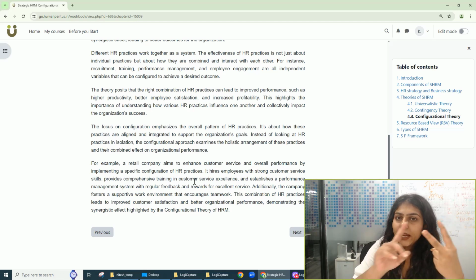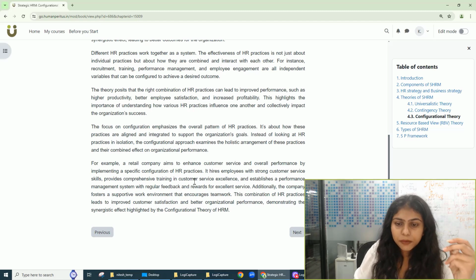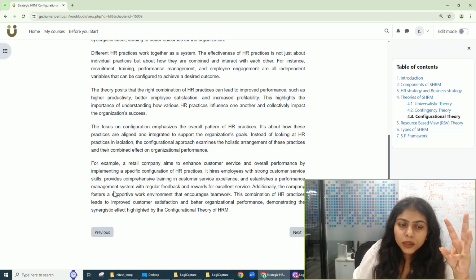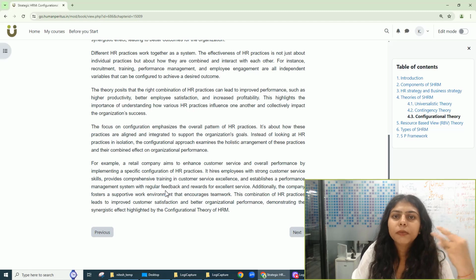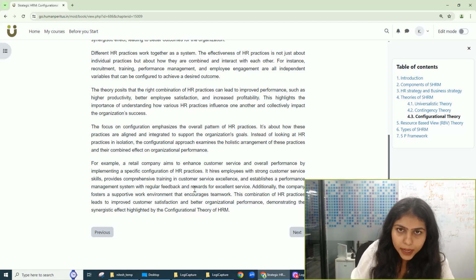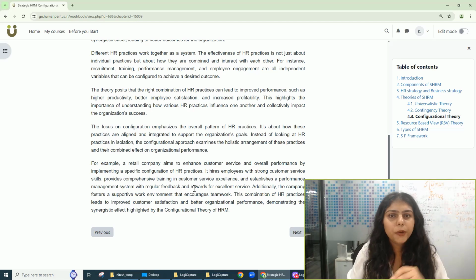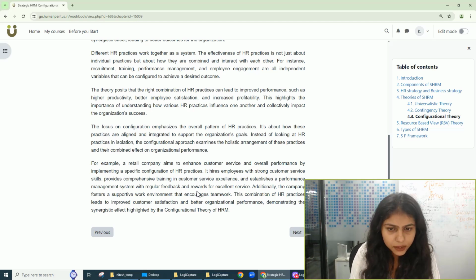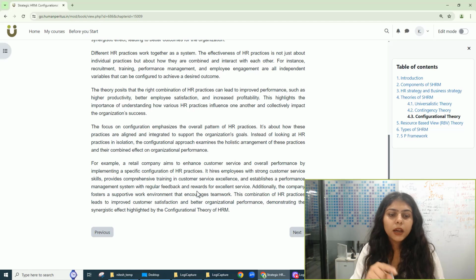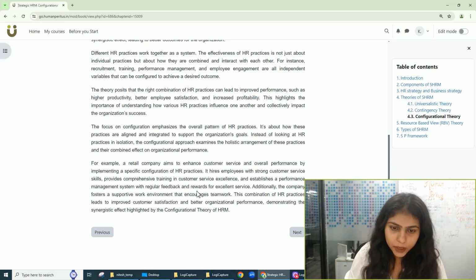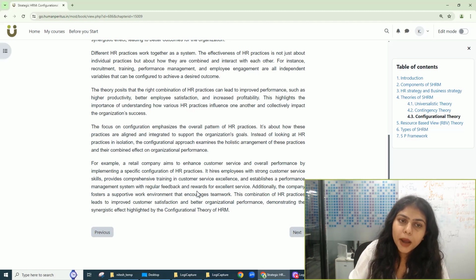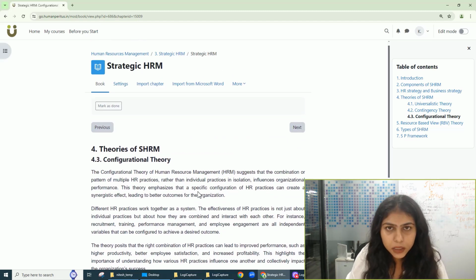So hiring is the first practice, training is the second practice, then it also follows a performance management system so that they can track the employees' performance, get regular feedback and reward the employees who've been working in an excellent manner. So they've combined certain practices: recruiting, training, implementing a performance management system, and regular feedback and reward practices. All those practices combined will help you achieve the maximum and optimal results from a company.